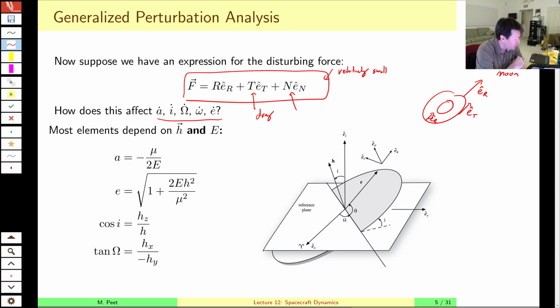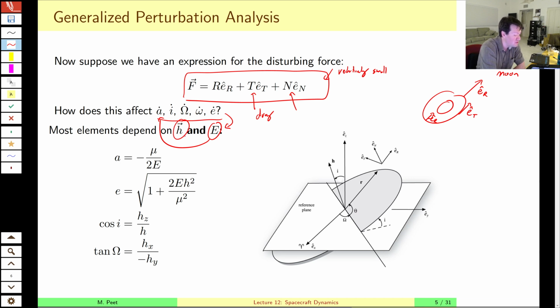As we talked about earlier, very first lecture kind of stuff, the orbital elements are intrinsically tied to our conserved physical quantities, the angular momentum and the energy. Specifically, remember, energy is linked to semi-major axis.